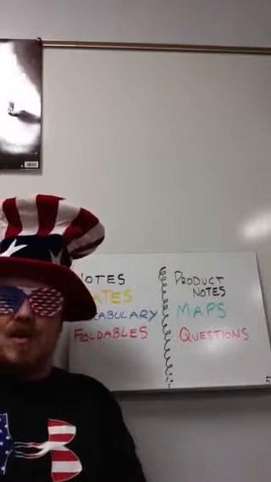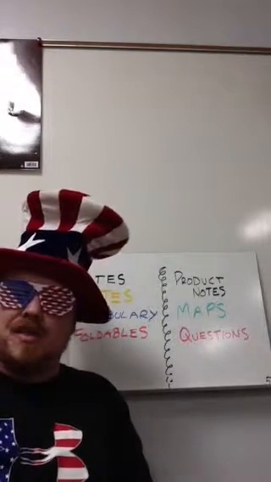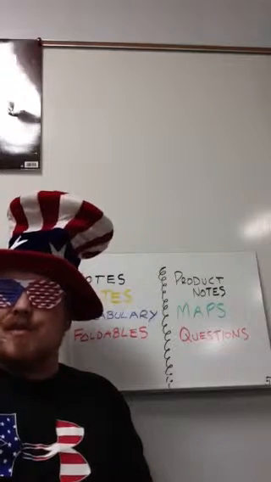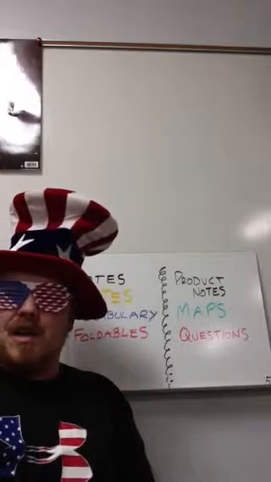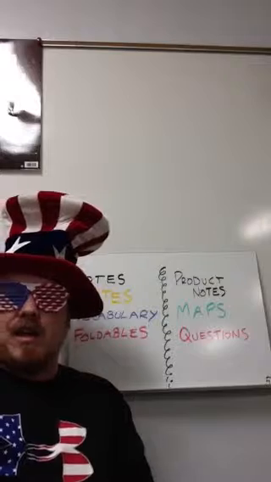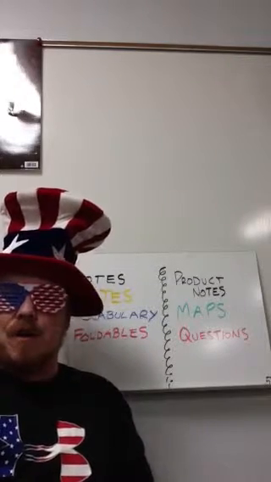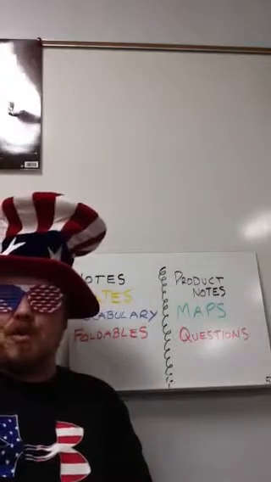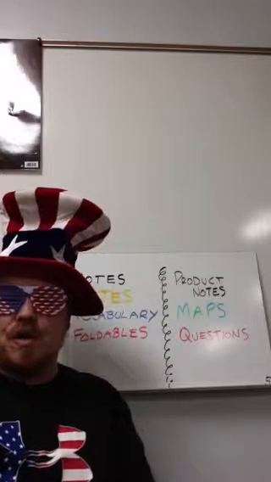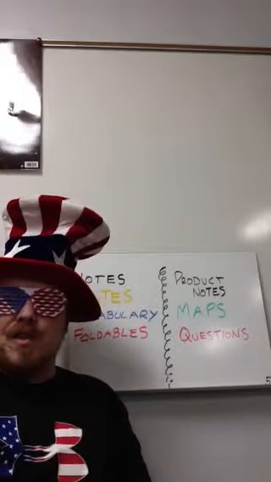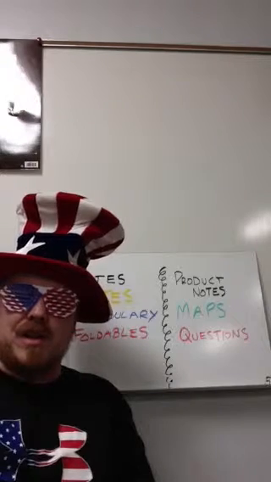Now some of the other things we'll be doing, this is your BOK, and that stands for Book of Knowledge. You're going to be using this throughout the year in order to help you produce those projects that you're going to do in your groups. And this is going to be your study guide for the end of the year.